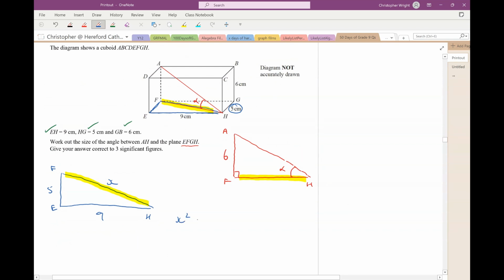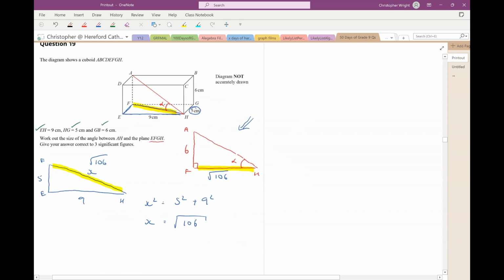X squared equals 5 squared plus 9 squared. So X is the square root of 5 squared is 25, 9 squared is 81, so I get 106 there. Okay, so this is the square root of 106. And now I can use tan and that red triangle there.